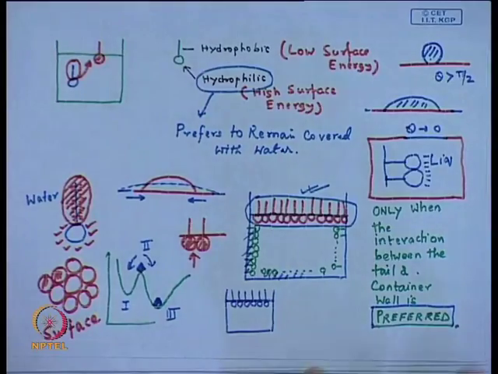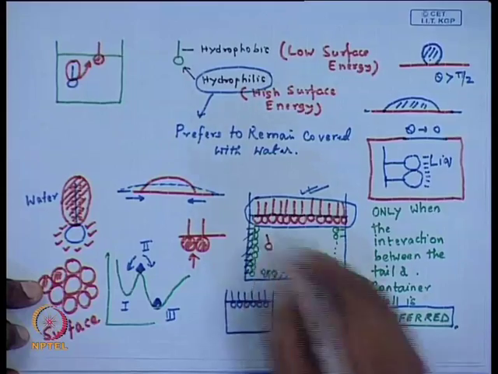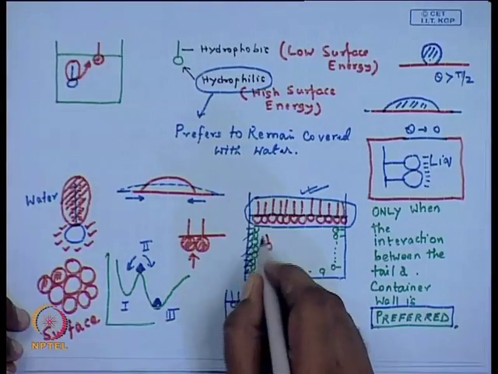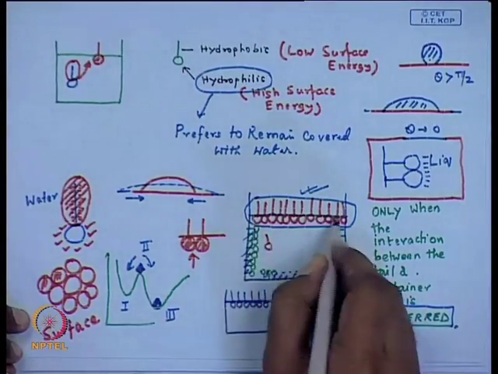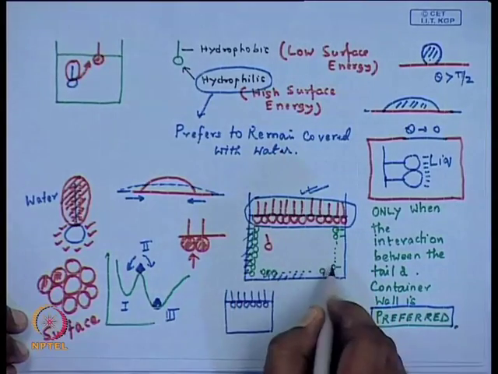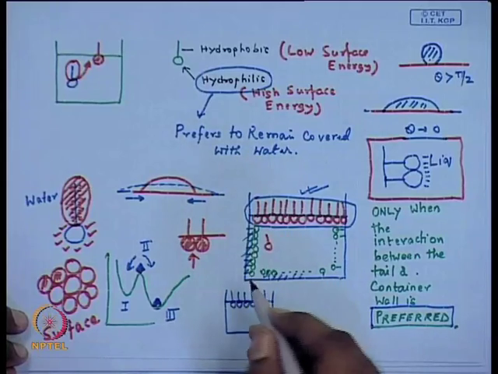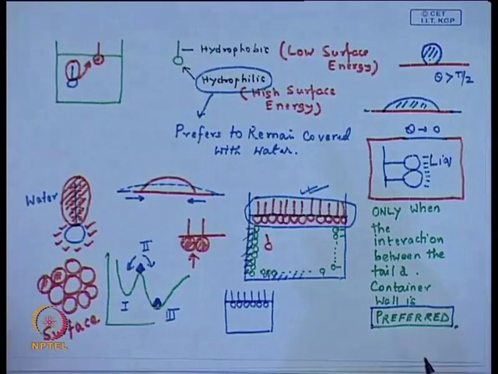So, after even this has been achieved, what happens if you add more molecules? Now another molecule that comes in has no place to go, because the liquid air interface is packed. In many cases, either the liquid wall interface is also packed, or the molecule does not prefer to go to the wall.